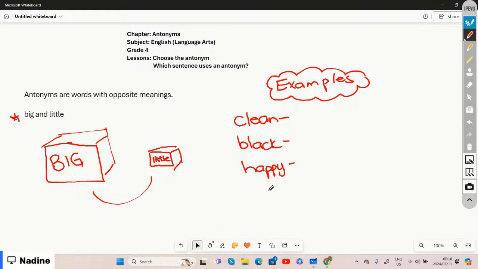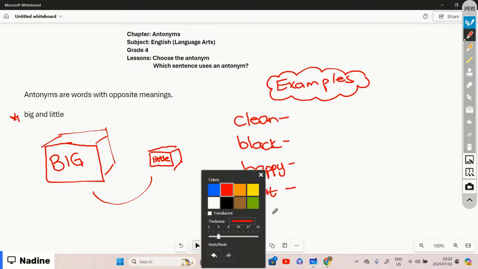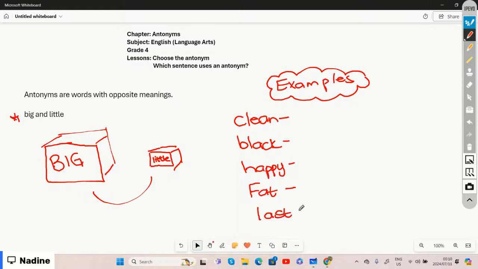If you look at more words, what is the opposite of fat? The opposite of last. Either I go forward or I go the opposite. The opposite of heavy.